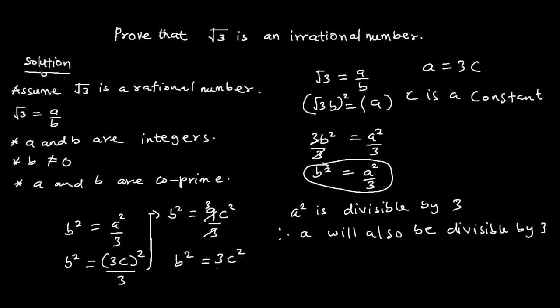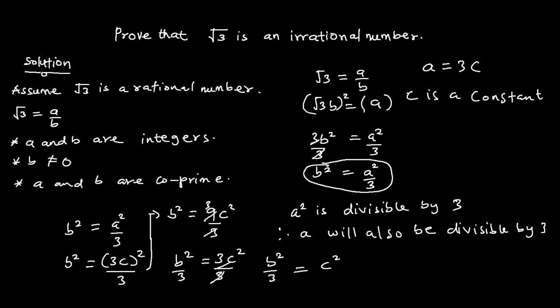Okay, so from here what I'll do next is divide both sides by 3. So I'll have b squared divided by 3 equal to c squared. So what this means is that b squared is divisible by 3.